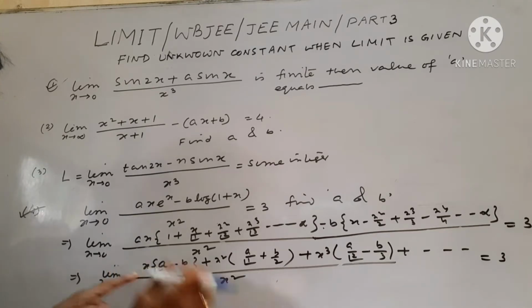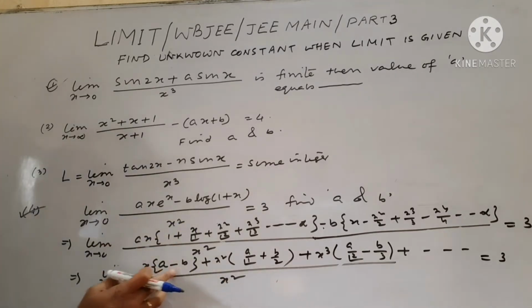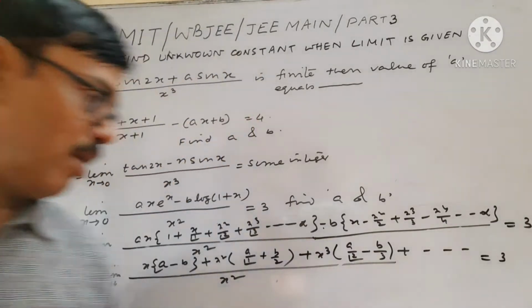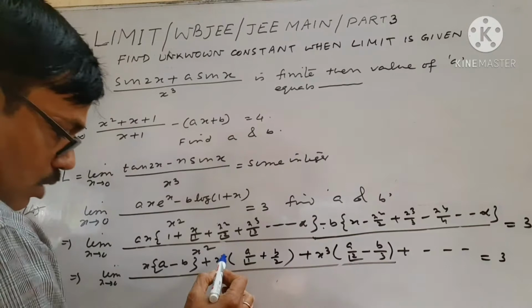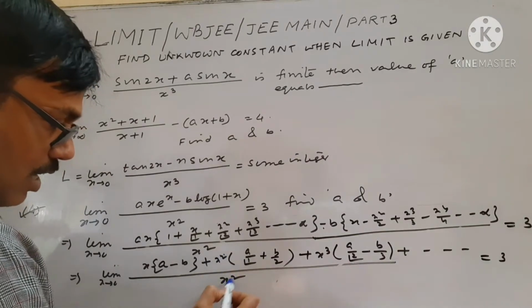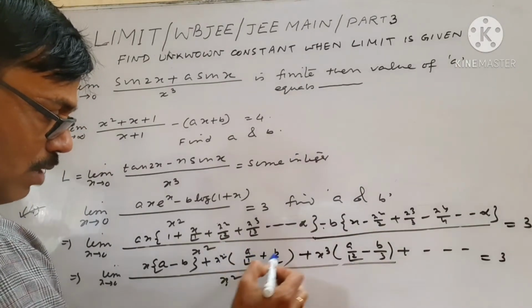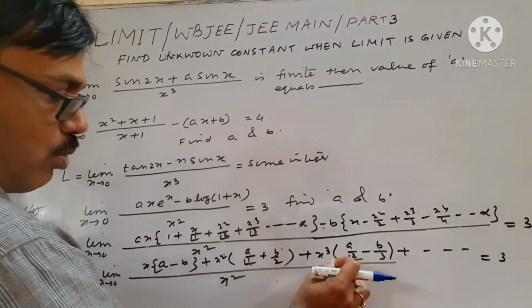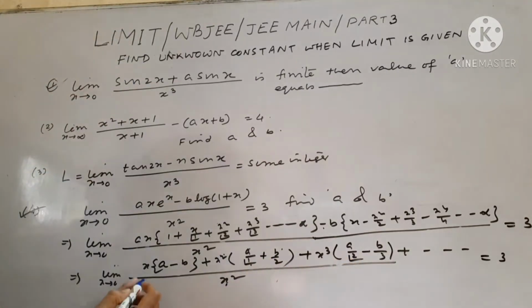So to make it finite, a minus b must equal 0. Now look at this step. The x square cancels, leaving a by factorial 1 plus b by 2, and the other part is 0. Now if the x term were present, with x and x square, it would be 1 by x as x tends to 0, so the limit would not be finite.